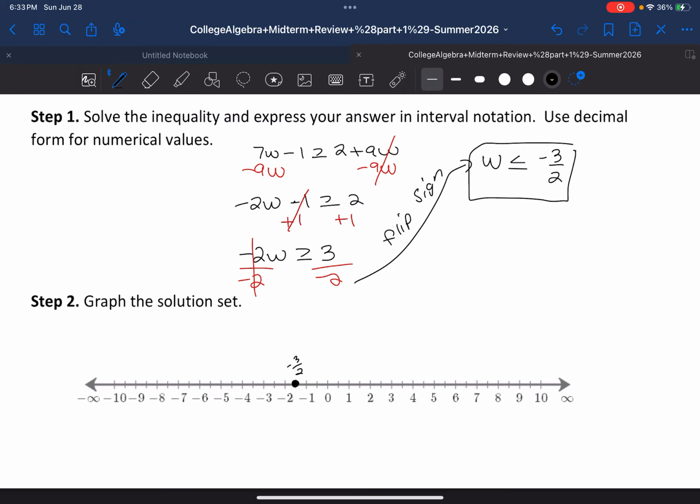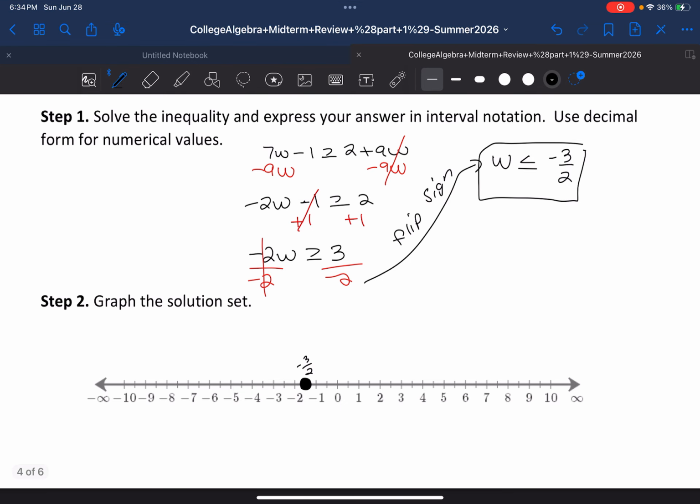Okay, so this would be a closed circle, like I have it here. Or sometimes they use brackets. I can't remember what Hawks uses. I need to look into that. But it's either going to be a closed circle or a bracket like this.